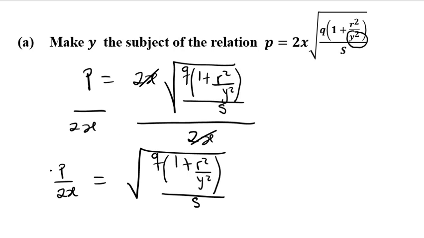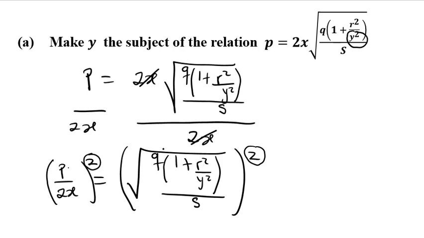So we take the whole of this side and square that, and we take the whole of this side and square that. This square here is going to affect the exponent for the p. The same square is going to affect the exponent for the 2 and then the x as well. And for this side, this 2 here, which is the power, is going to cancel the square root sign.